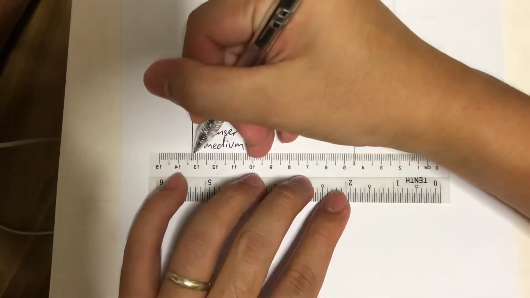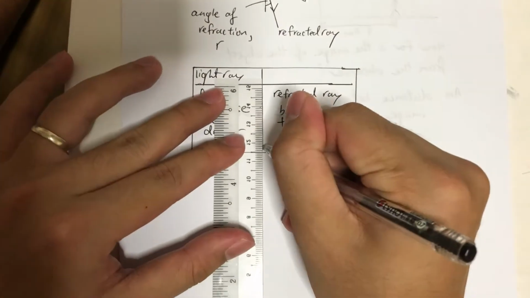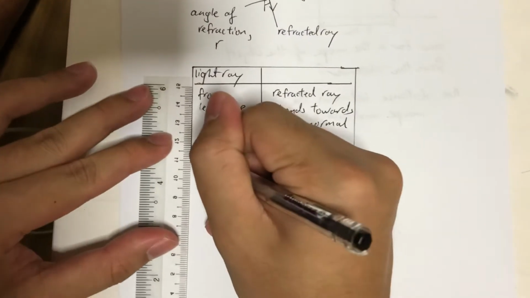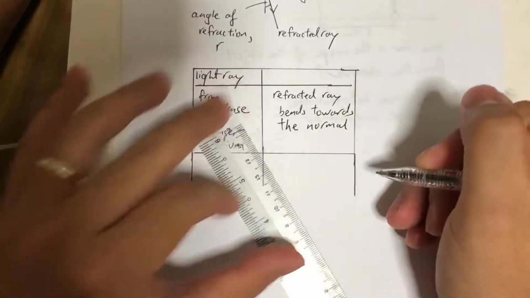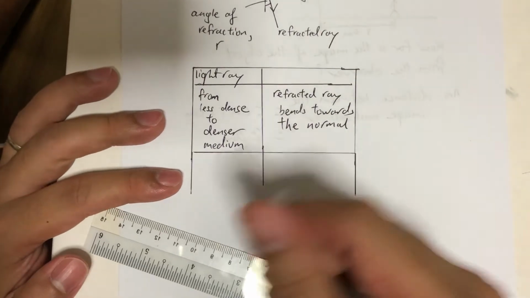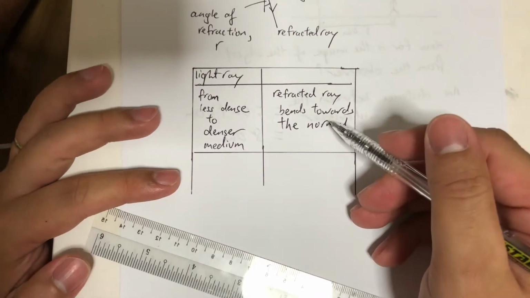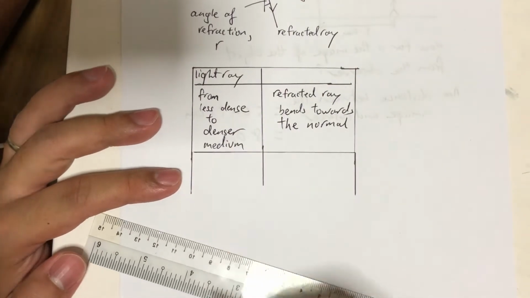Of course, there's also the other way around where the light ray actually travels in the opposite direction. Let's make a guess. Can you make a guess and tell me what is going to happen to the refracted ray if the light ray is traveling from a denser to a less dense medium?